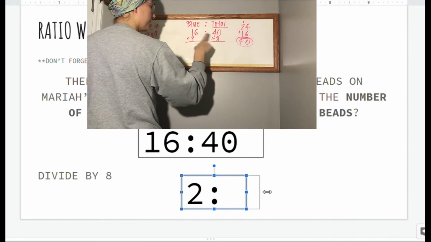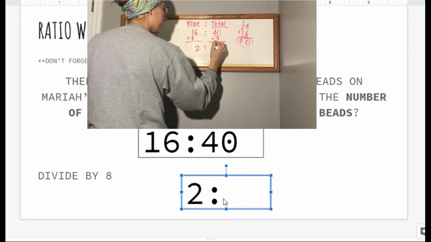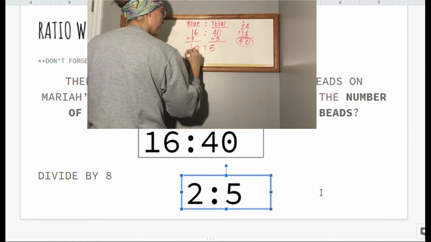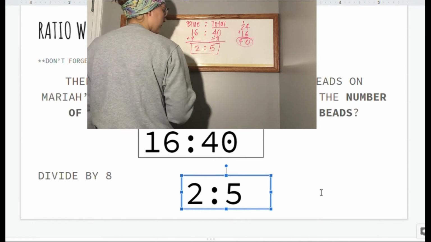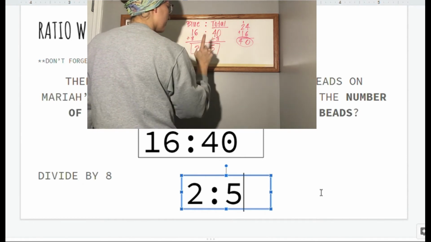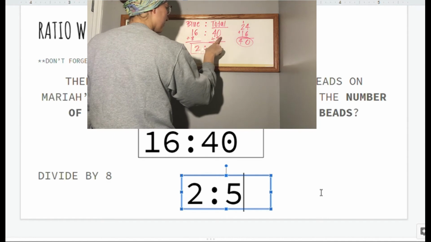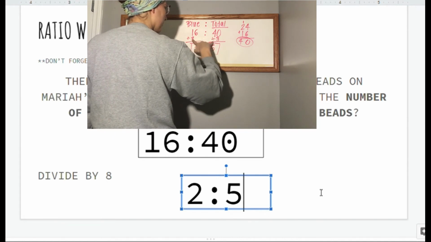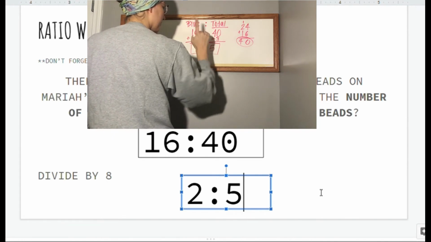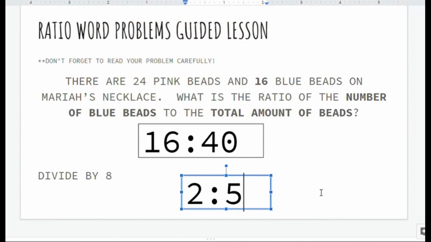When we do 40 divided by 8, we get 5. So the ratio of blue beads to total amount of beads is 16 to 40, which we simplified by dividing by 8 on both sides to 2 to 5. So 2 to 5 is the most simple form of that ratio.